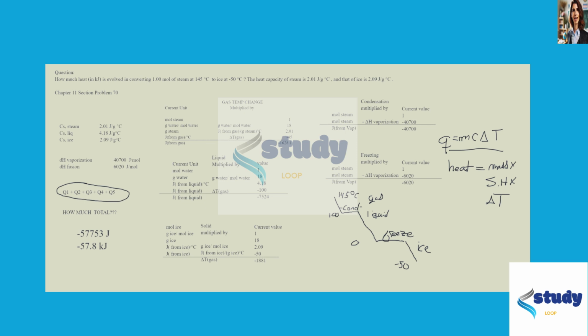When you're going through the phase changes, there's no delta T, but you still just plug and chug. And the key here is to match up the units.